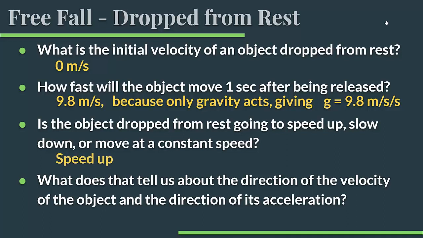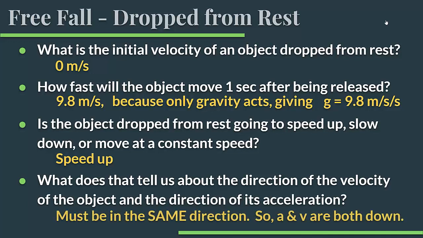And so it's going to speed up because I know that my velocity is going to be in the same direction as my acceleration. What does that tell us about the direction of the velocity of the object and the direction of its acceleration? It tells me that they must be in the same direction. If acceleration and velocity are both moving in the same direction, if I call them both downward, then I will have an object that is speeding up.